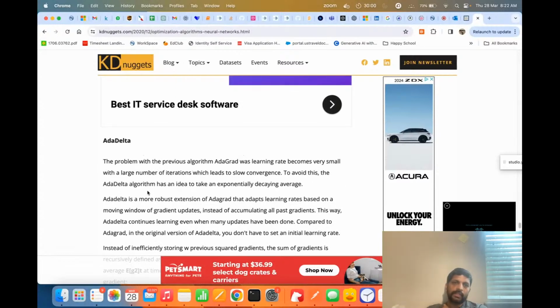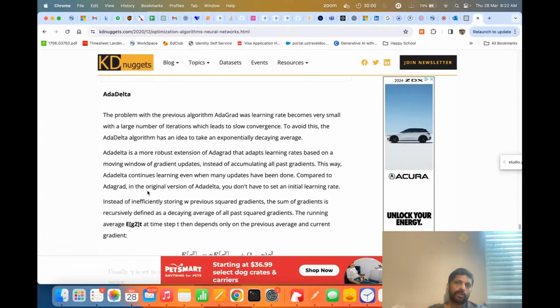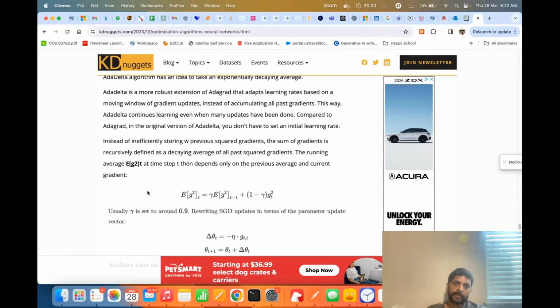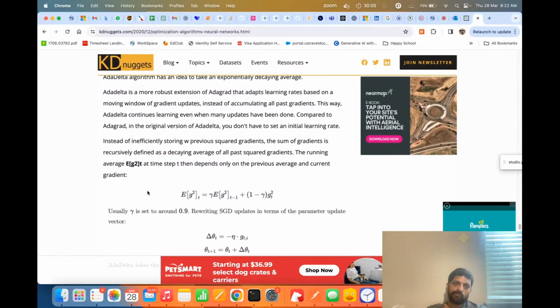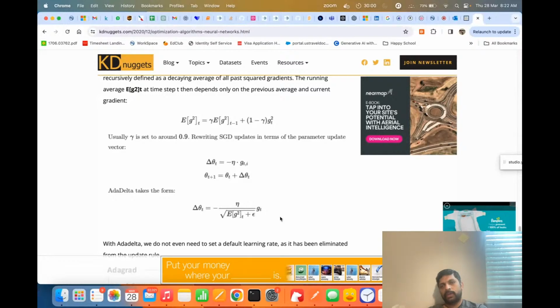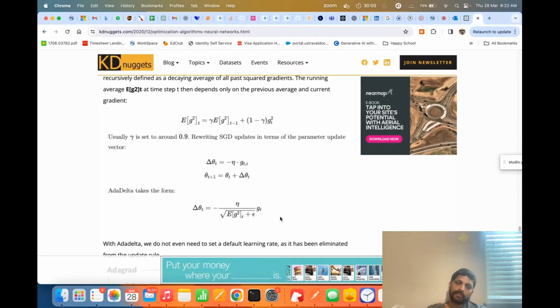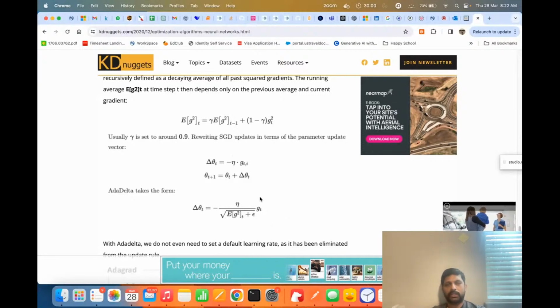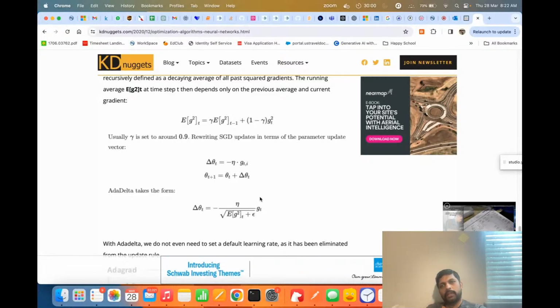To avoid this, the Adadelta algorithm takes an exponential decaying average. Instead of reducing the learning rate based on the difference in cost, they go for an exponential value so that the learning rate doesn't get reduced too much.